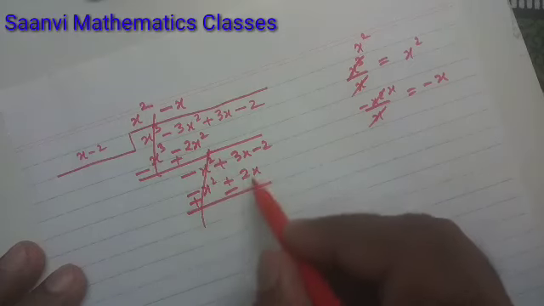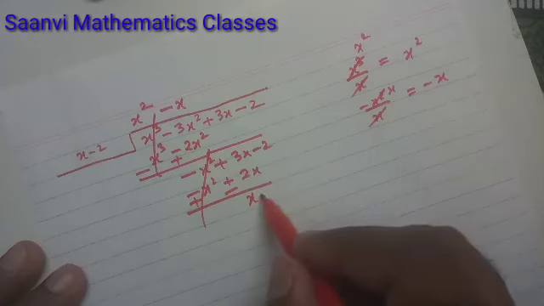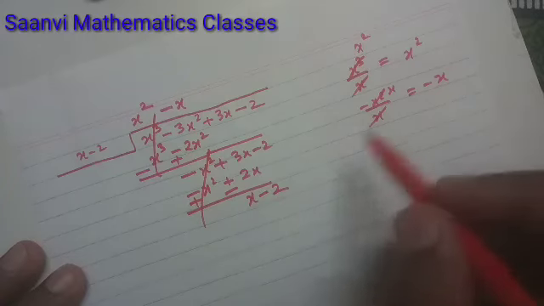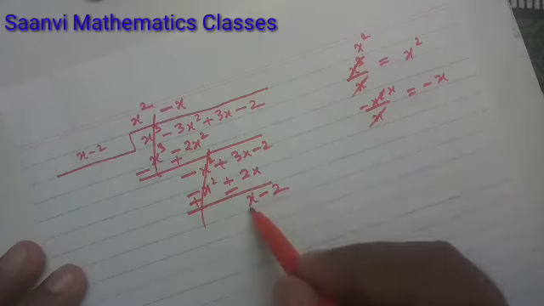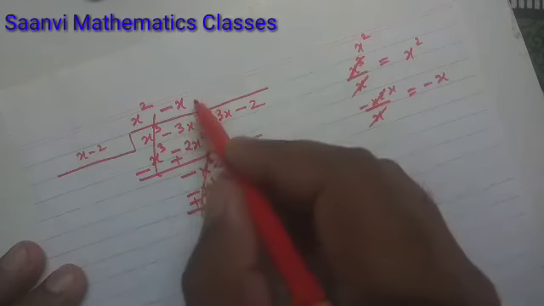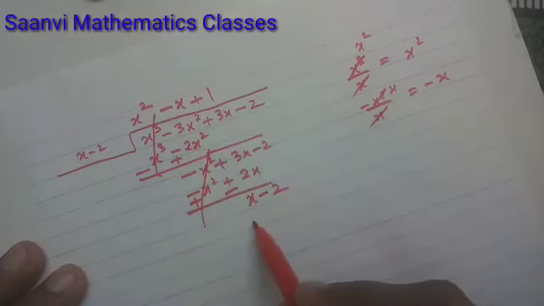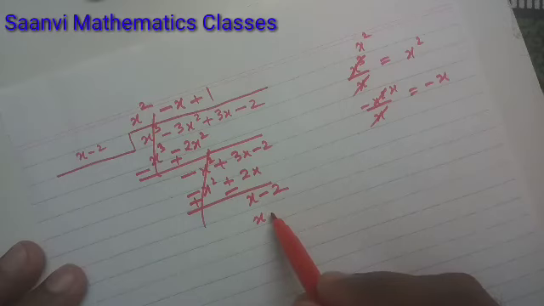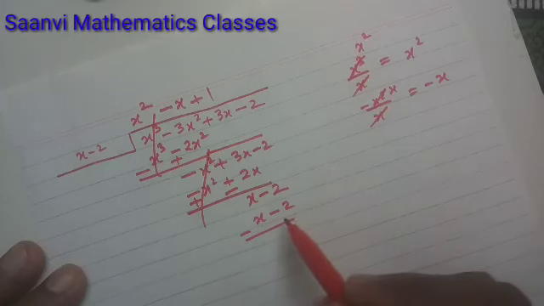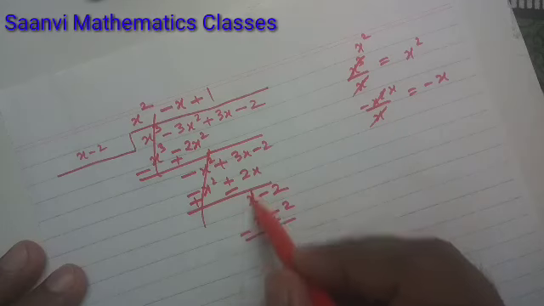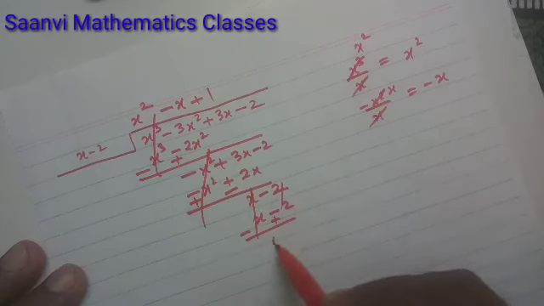This will cancel out. You will remain with x minus 2. Now what number will we get? Because here x I am having, here also x, so it's simply 1. So 1 into x is x, 1 into minus 2 is minus 2. Change the sign, so simply it's a 0.